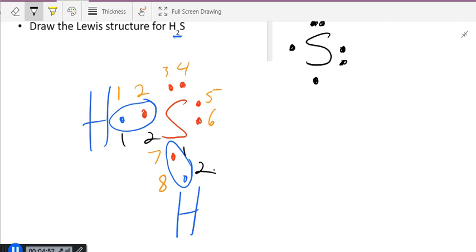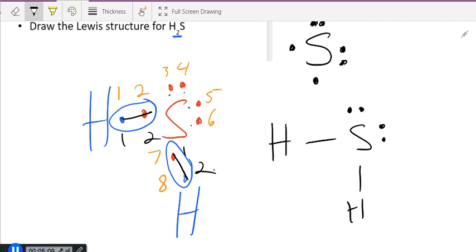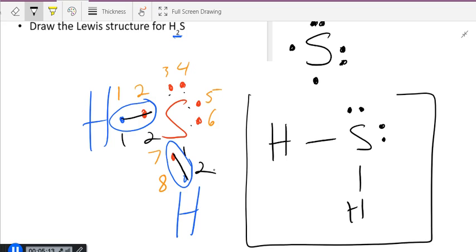So the way you draw that out is anything that you put in the bond right here in the little circle, connect the dots, and you get H, S, H, with those two extra ones on the outsides, which we call lone pairs. And that is H2S right there. That's the final answer. That's how you draw covalent bonds.